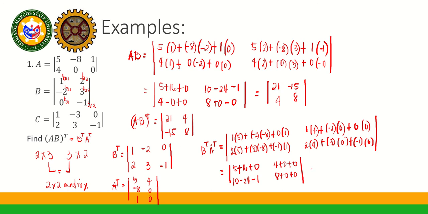Okay. So simplifying this one, this will be equal to 21, negative 15, 4, and 8. Which is the same dito sa nakuha natin sa unang solution. So our rules are true and proven. So that is how you solve the transposition of a matrix.